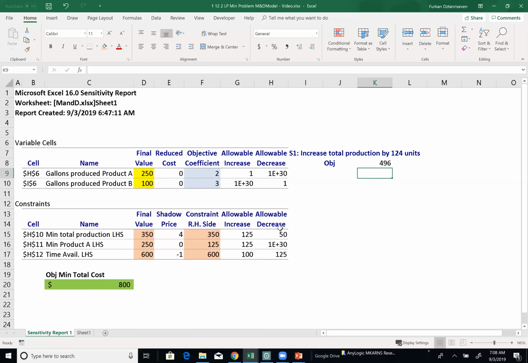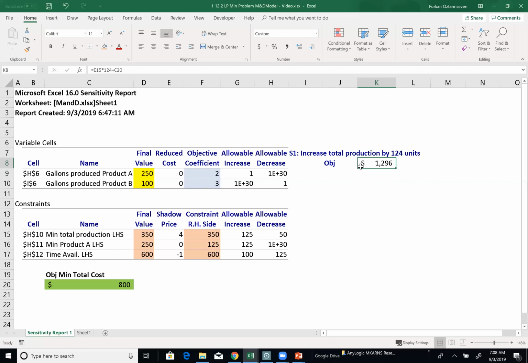So then my objective function value should increase by $496. So originally this value was $800, so I would expect my solution to go up to $1,296.